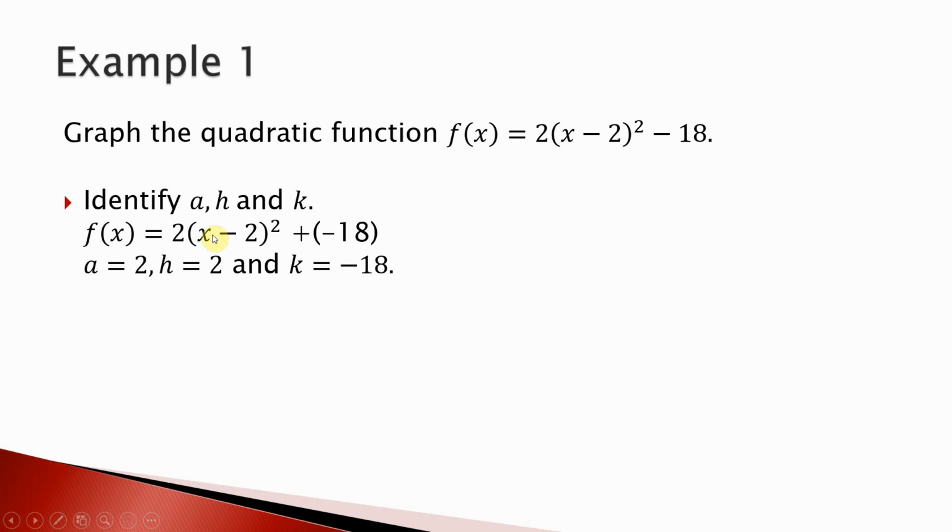To identify a, h and k, you have to convert this into the exact standard form. That means you must have a positive sign before the constant, so you have to rewrite this as plus negative 18. Here it's not a problem, but in other cases you have to write it like this. Then this thing is k.